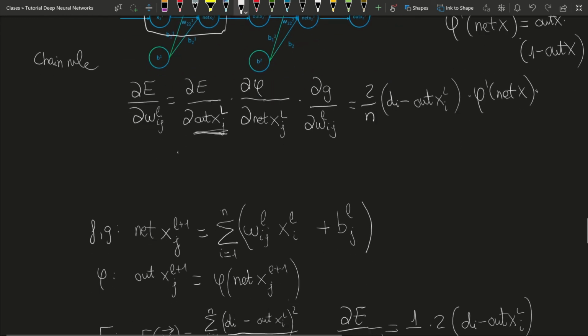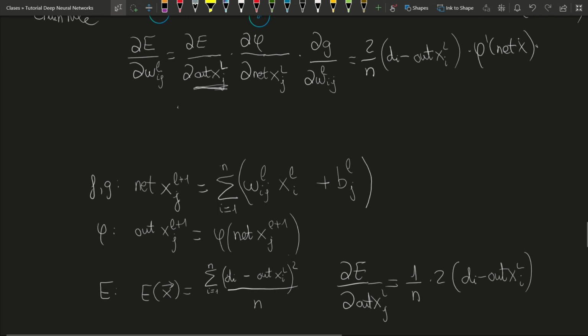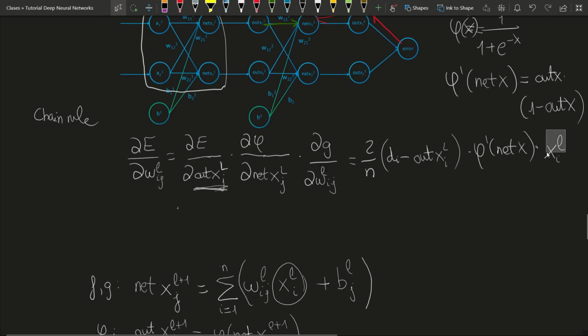So here, as you can see, this is the formula, and the variable we differentiate by will be the weight in this position. So this will be a constant, and when we do the derivative we will have only this constant, which is the out of the neuron in the previous layer.